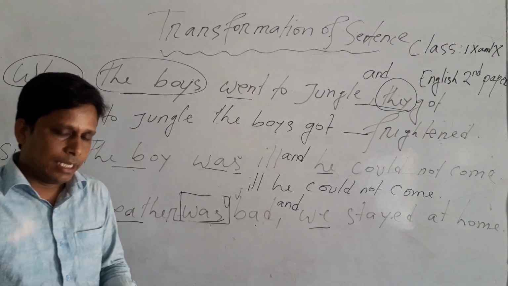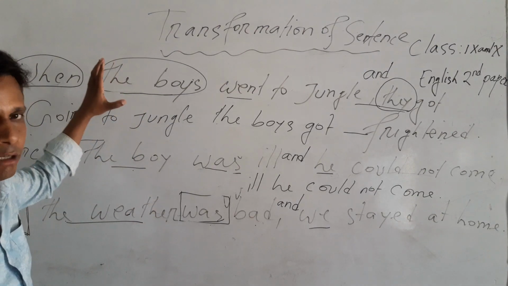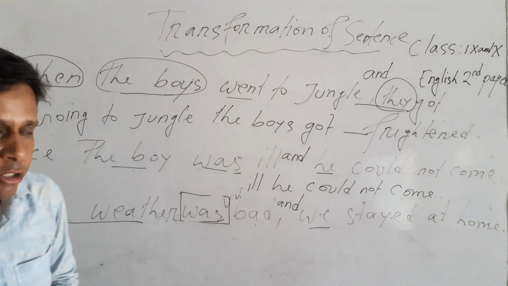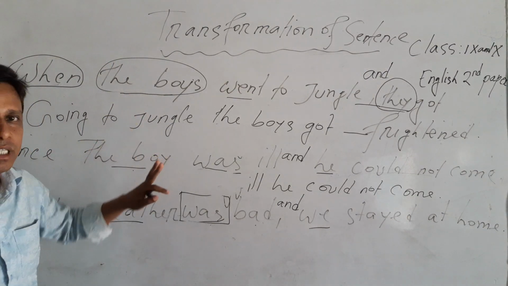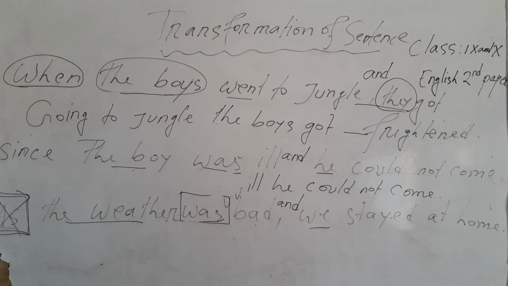Okay, I think you have got the point and you have learned the rules of the complex sentence, or simple and compound. If the complex sentence is connected with when, since or as, how can we transform it into simple or compound?